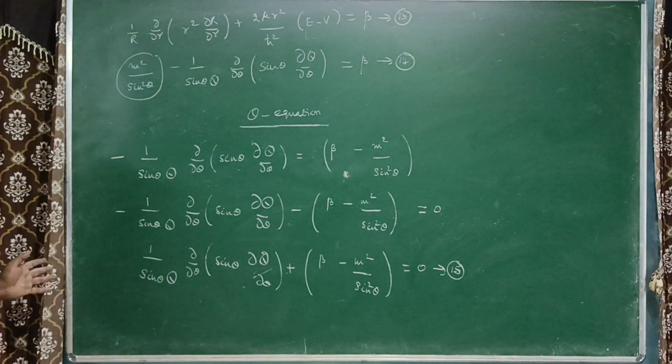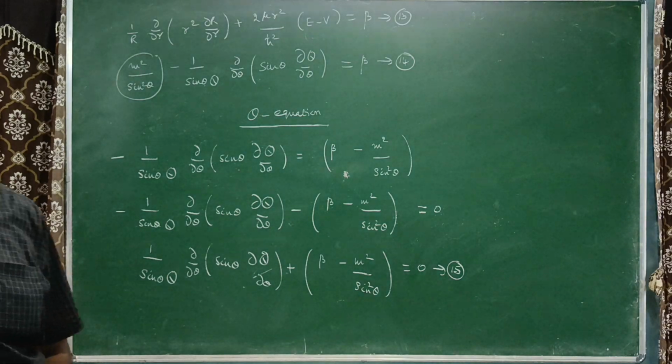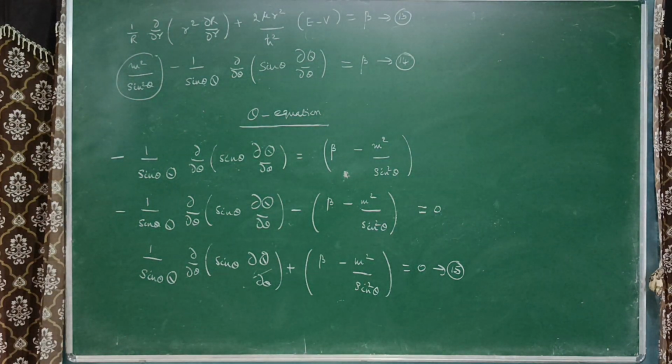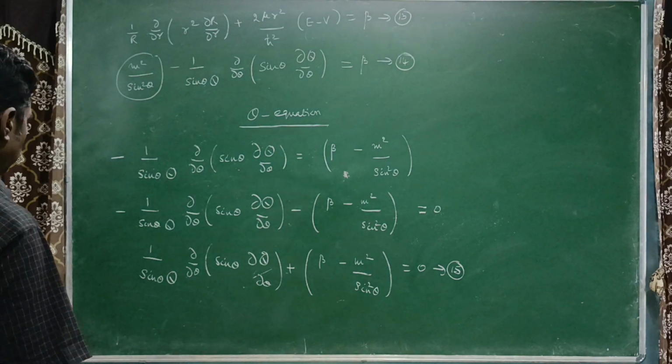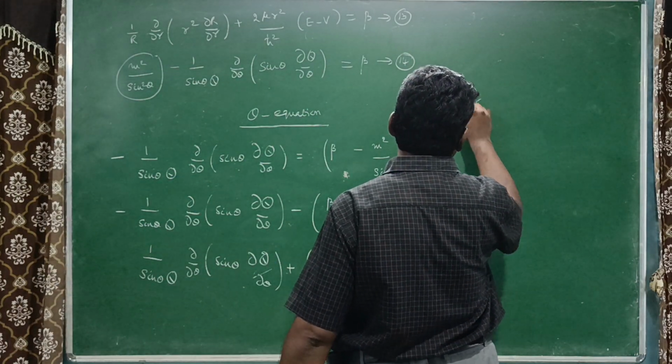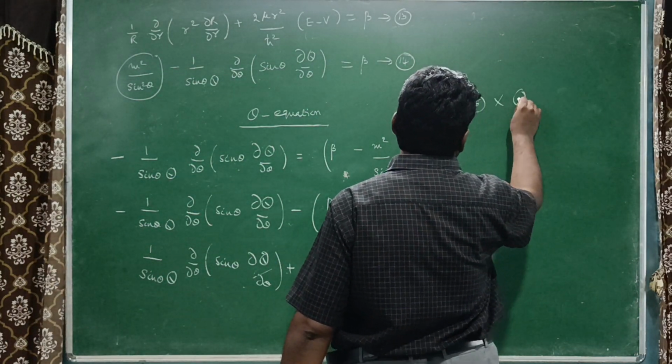Now multiply both sides of equation 15 by capital theta.